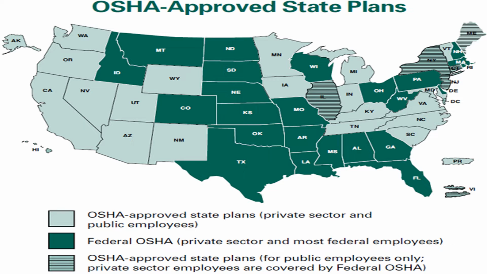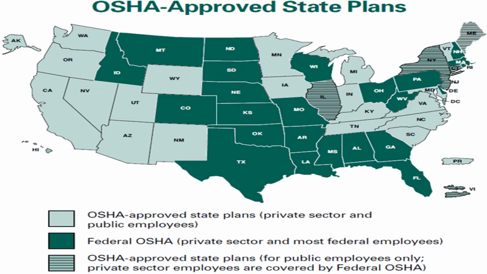There's 3 different ways that OSHA can be applied to your locality. Okay, so OSHA does cover the entire 50 states of the United States. And the way it does that is through one of 3 different ways.